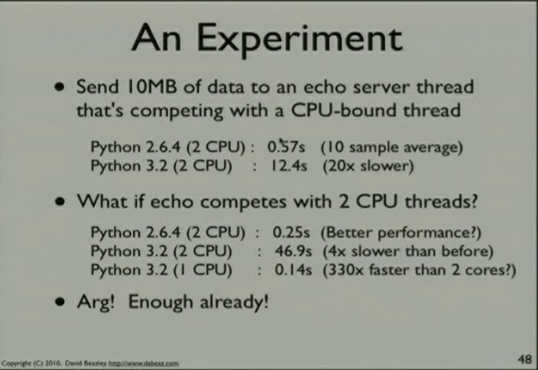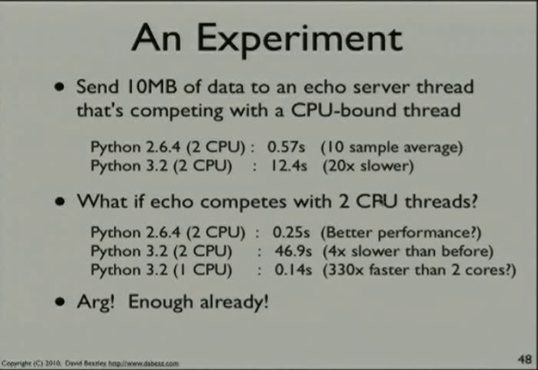So I tried a little experiment, where I had an echo server competing with some CPU-bound processing, and I tried to echo 10 megabytes across a UDP socket. What you're seeing is that in Python 2.6, it takes about half a second. In Python 3.2, all of a sudden we're up to 12.4 seconds. Then we got this really crazy result.